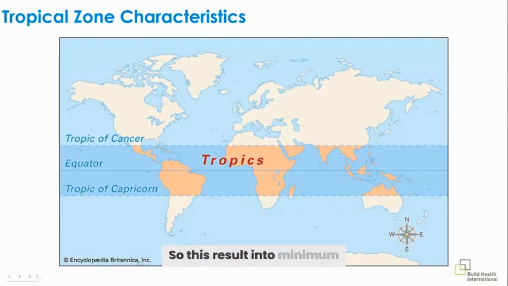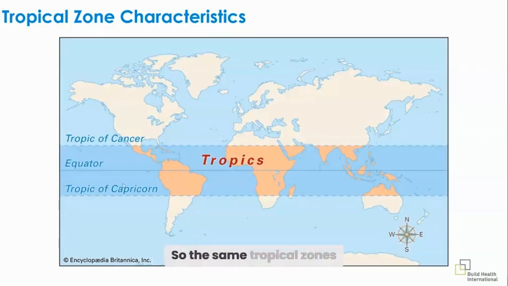This results in minimum seasonal variation, which is different from other parts of the world like the far north and far south, where they may have pronounced seasonal changes, like colder winters and warm summers, that require more architectural adaptation in terms of insulation and heating and cooling.